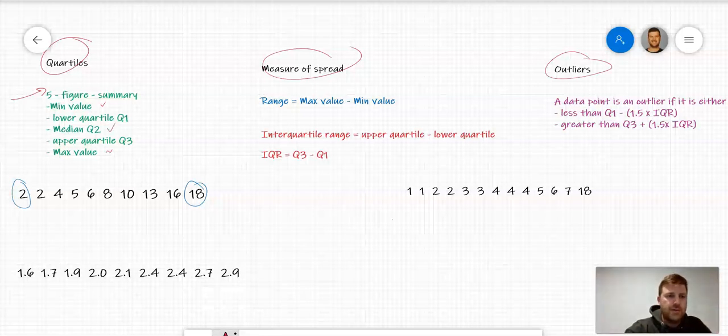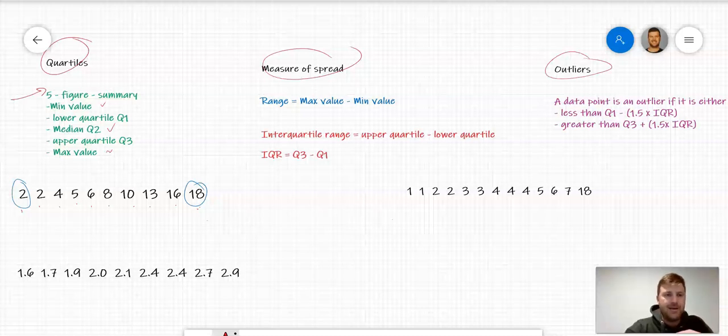Now, I've got an even number of data here in this first example: 1, 2, 3, 4, 5, 6, 7, 8, 9, 10 numbers. One way of working out the middle value in a set of data is to work out how many numbers you've got. In this case, I've got 10, add 1, that's 11, and divide that by 2. So 11 divided by 2 is 5.5.